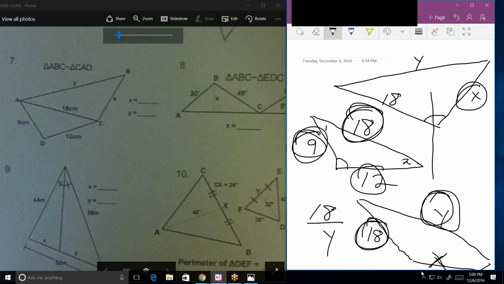In other words, it didn't require just a rotation, it required a rotation and a flip, putting the x there and the 18 down there. And now the x goes with the 9, the 18 goes with the 12, and y is how much? Y is 27. Correct.